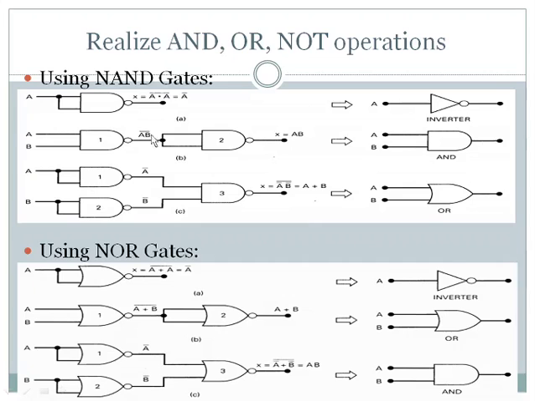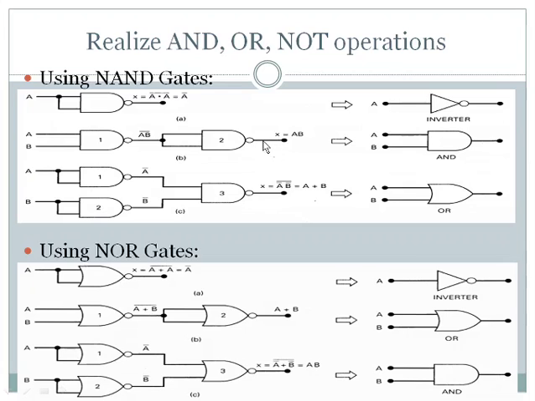And if we apply this output to a second NAND gate with both inputs tied together, we have already seen how to implement the inverse operation by using a NAND gate alone. That means the two inputs must be the same.